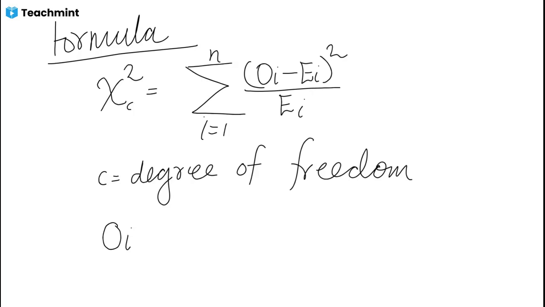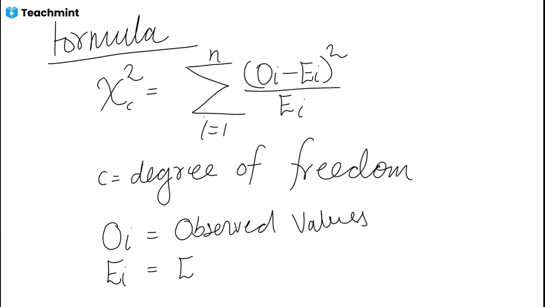Oi is the observed value, Ei is the expected value. This is the formula of the chi-square test.